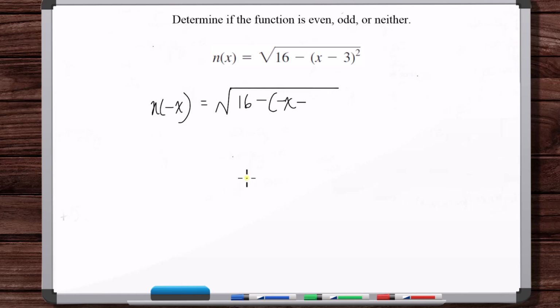Okay, let's check for even. Well, okay, let's do this. We've got a squared, this is 4 squared minus b squared. 4 squared minus x minus 3 squared.